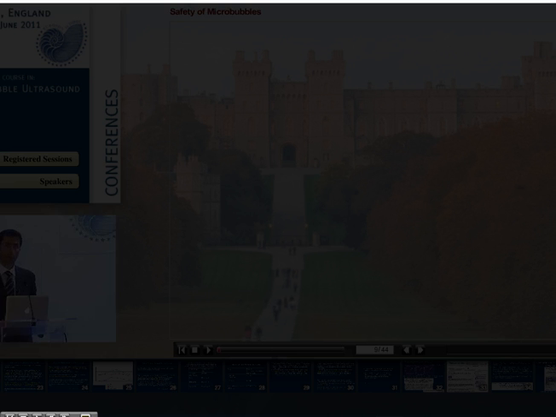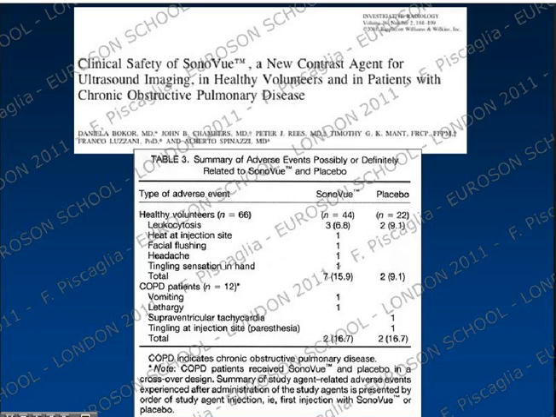We know that contrast agents for ultrasound are excreted to the lungs, so one might wonder whether patients with lung disease may have a prolongation of the half-life of these agents, and this might translate into some adverse event.